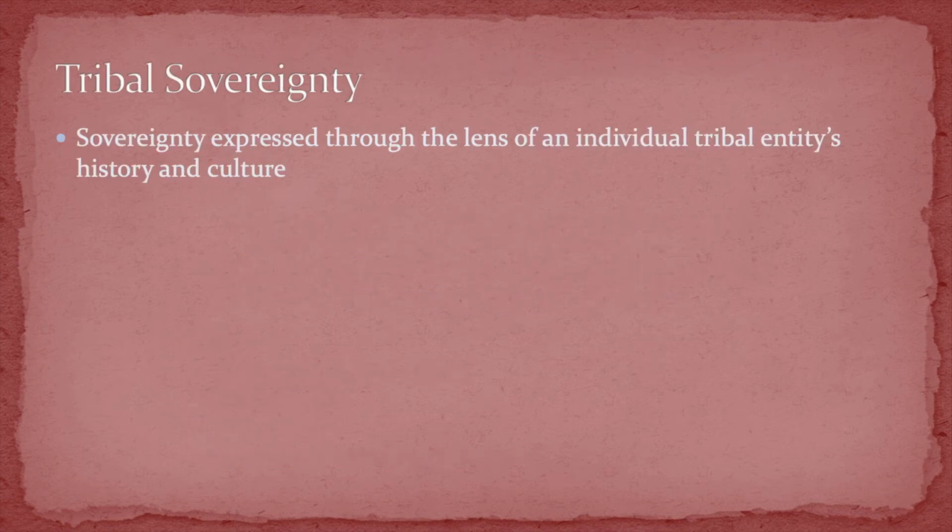We've talked about sovereignty. We've talked about some types of laws affecting Indian people. So let's get a definition for tribal sovereignty. We know what sovereignty is. And we'll talk about the language that I used for this, which is sovereignty expressed through the lens of an individual tribal entity's history and culture. That doesn't sound very strong because I use the word lens.